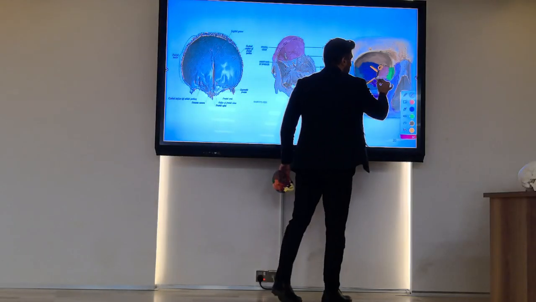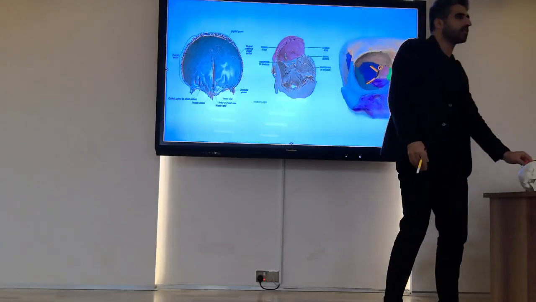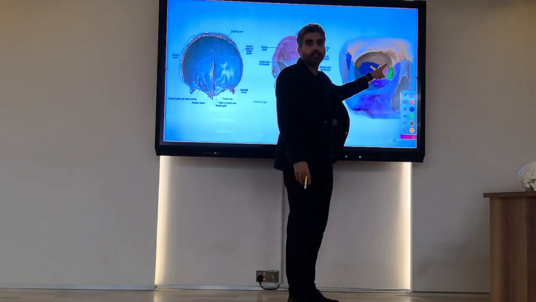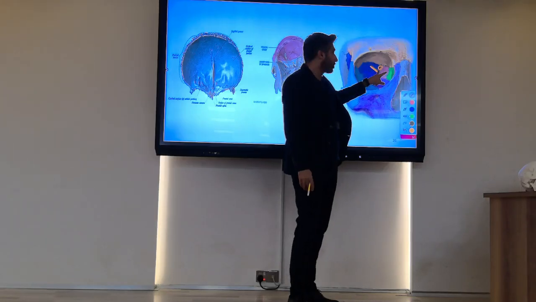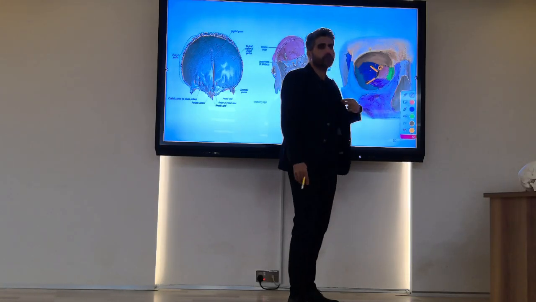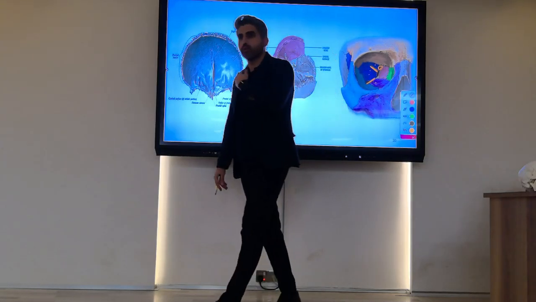And infraorbital fissure, some veins and artery passing. Optic canal at the root of the lesser wing. Supraorbital fissure between lesser wing and greater wing. And infraorbital fissure between greater wing and maxillary bone.